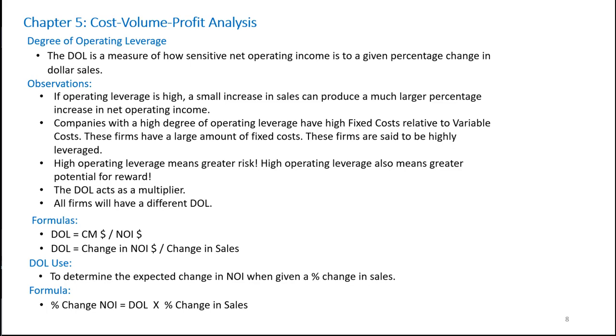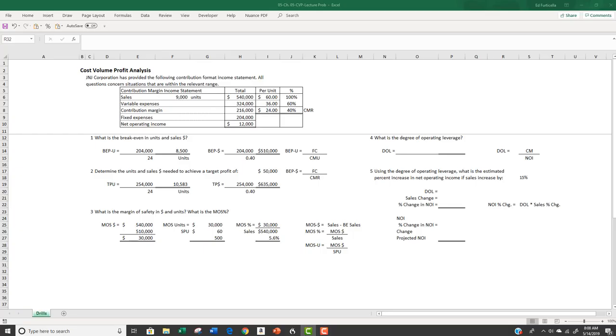For J&J, the degree of operating leverage would be calculated by dividing the contribution margin of $216,000 by the net operating income of $12,000. The degree of operating leverage equals 18.